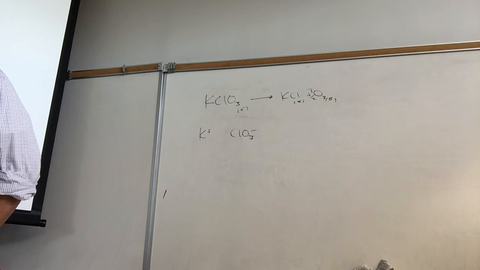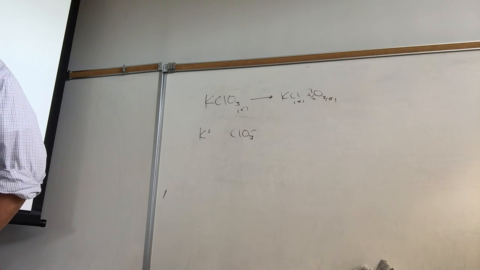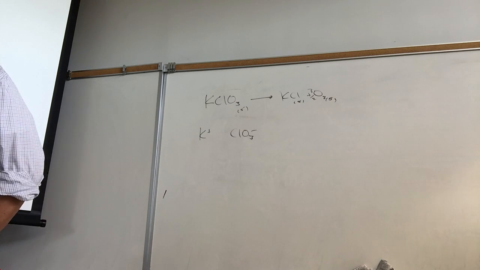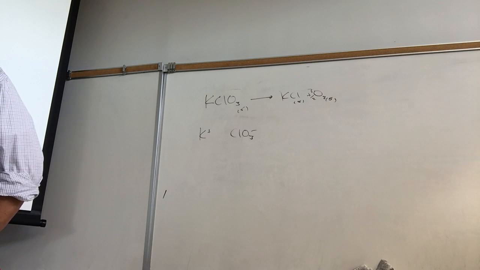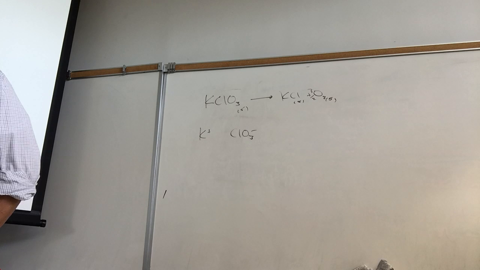One of the things that stands out about potassium chlorate is it's a strong oxidizer. You could have figured that out by looking at what? If you looked at what, you could have gotten a clue that it's probably some dangerous stuff. What is that? The oxidation state on chlorine.